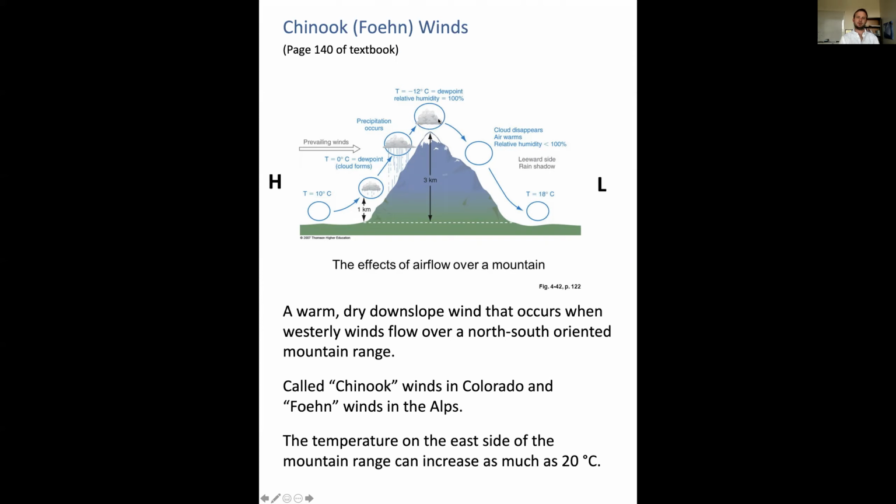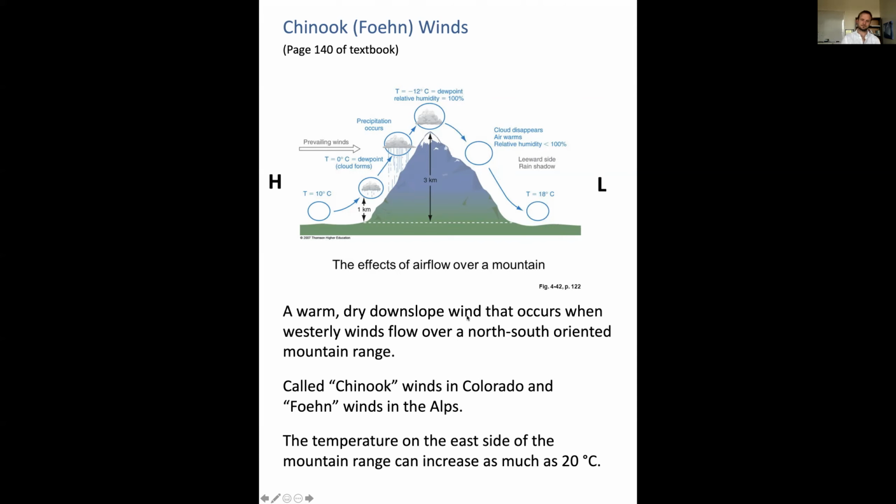And typically, when the air reaches the top of the mountain, all the precipitation is gone, and the parcel is unsaturated again, at which point, when it starts descending, it follows the dry adiabat. So it typically follows the wet or moist adiabat on this side and the dry adiabat on the downwind side, which means that the air is extremely dry and also warms up very rapidly as it descends from the mountain range.